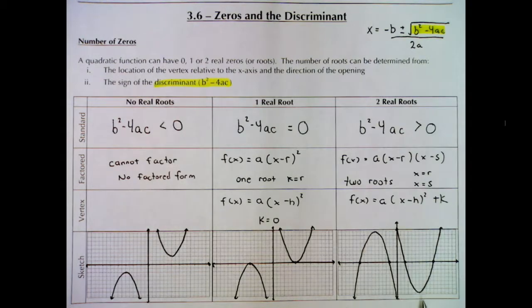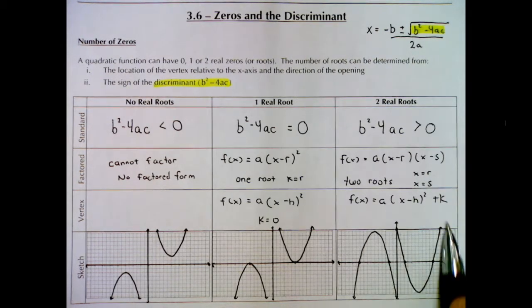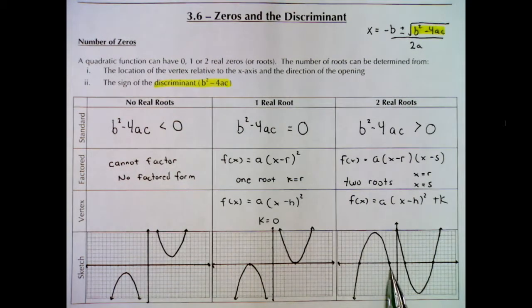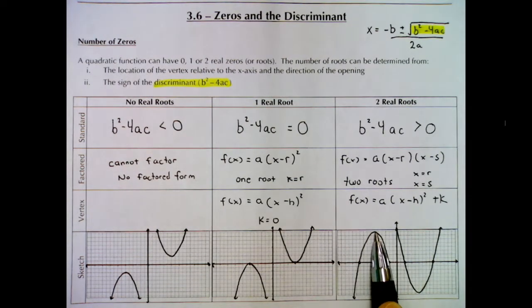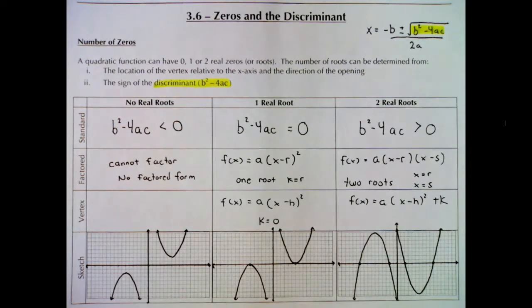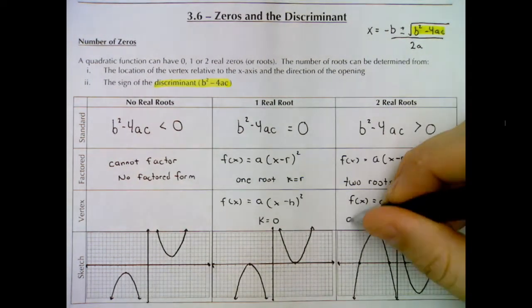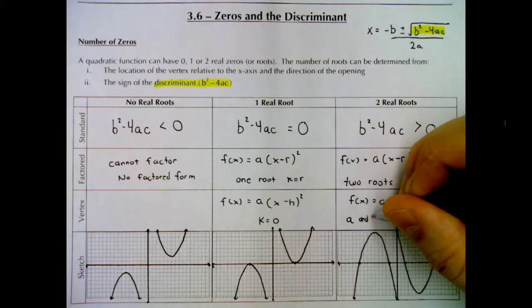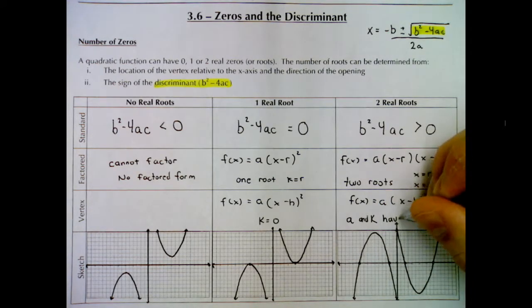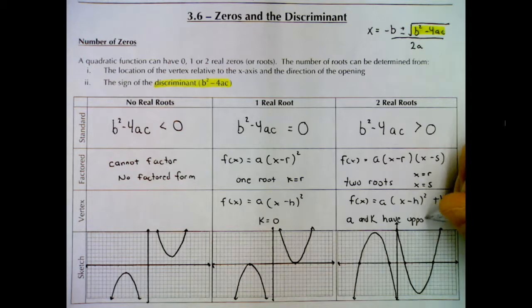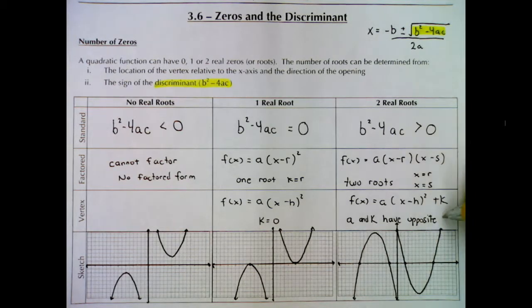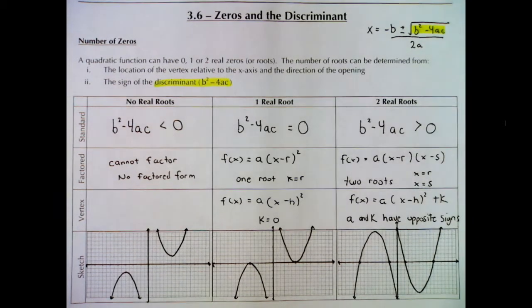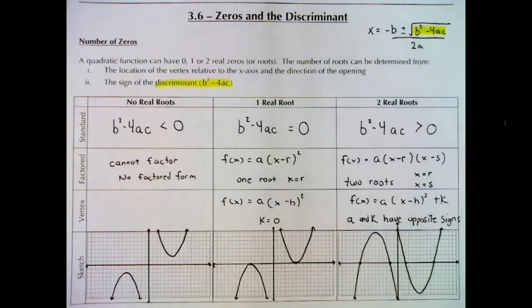So if it's shifted down, k would be negative, and if it opens up, a would be positive. If it's shifted up, k would be positive, and if it opens down, a would be negative. So the key here is, if you see a vertex form, and a and k have opposite signs, where you're going to have two real roots. And that's something that you could just sketch. You don't have to memorize that.